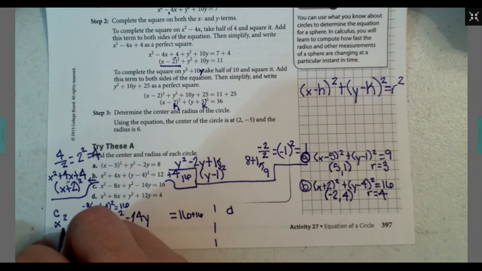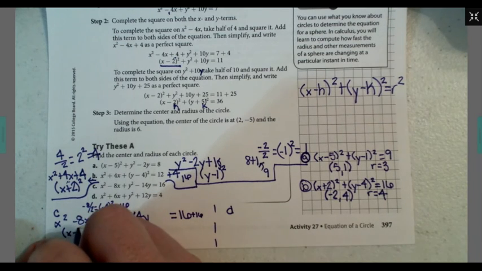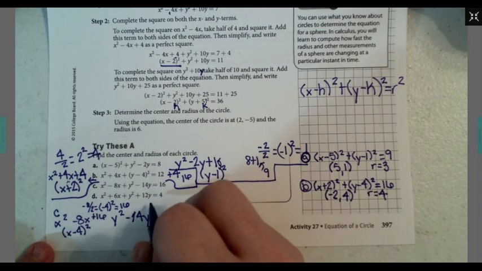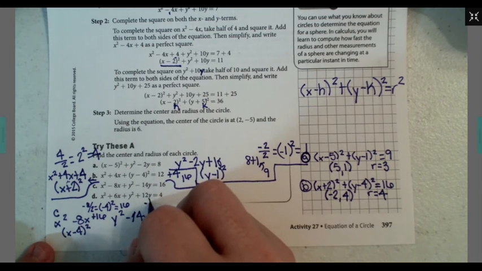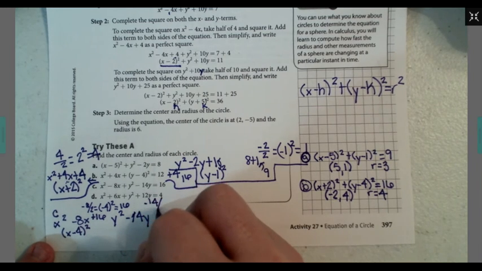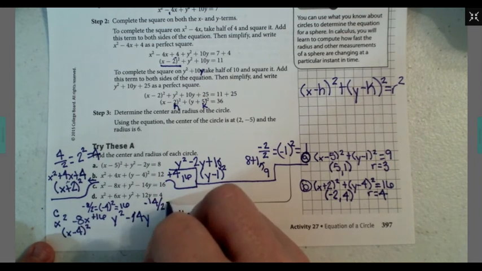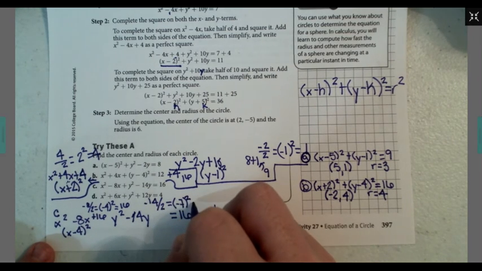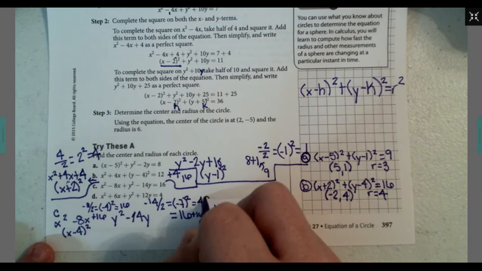So I can rewrite this as x minus 4 to the second power. Let's take a look. Here we're going to have negative 14 divided by 2, which is negative 7. And negative 7 squared is 49.